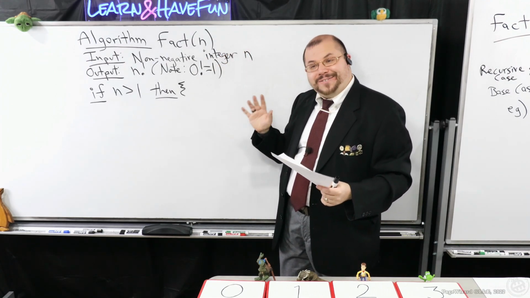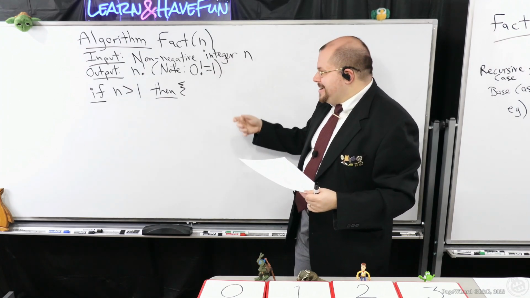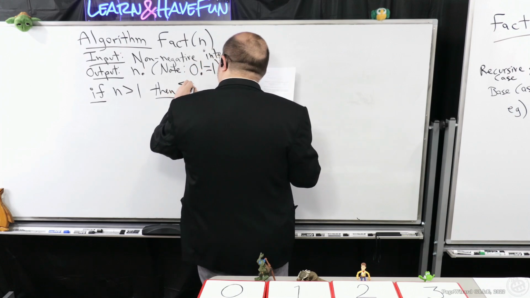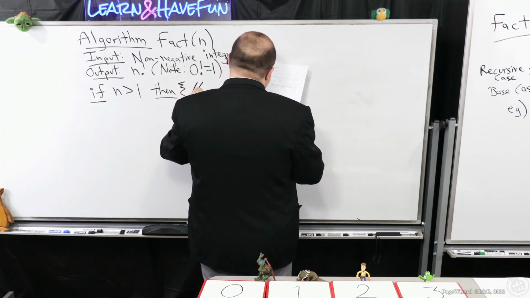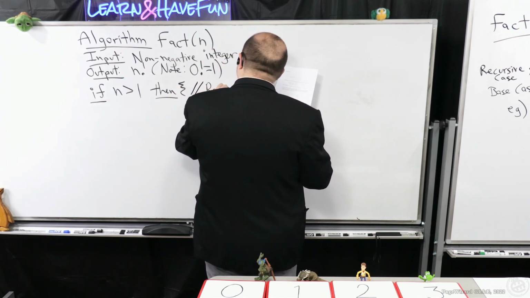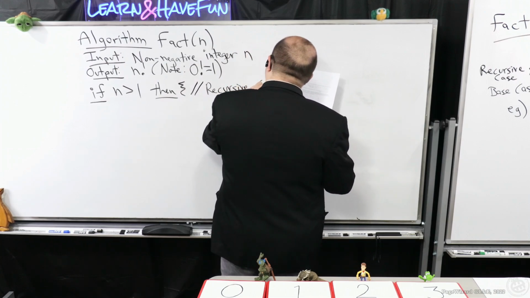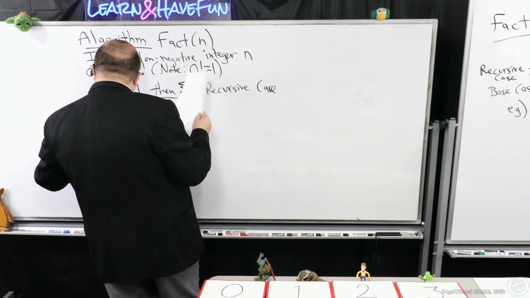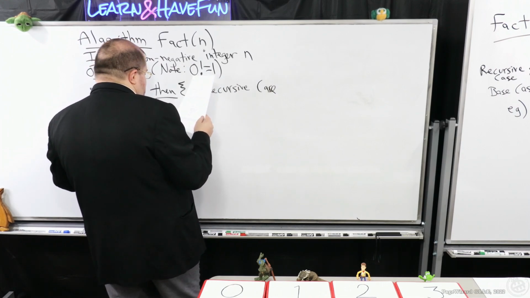In some cases it's not very straightforward how to do that, but in this case it's really easy. So if n is greater than 1, then we have our recursive case. Otherwise, we're going to have the base case, right?